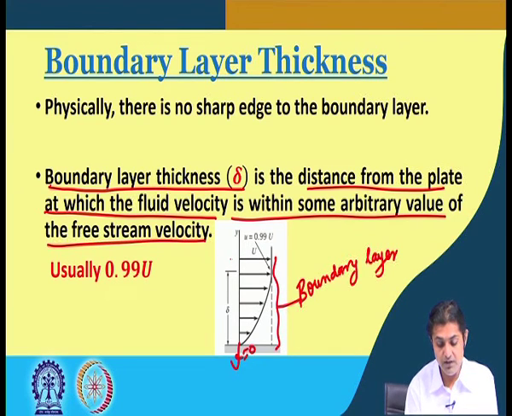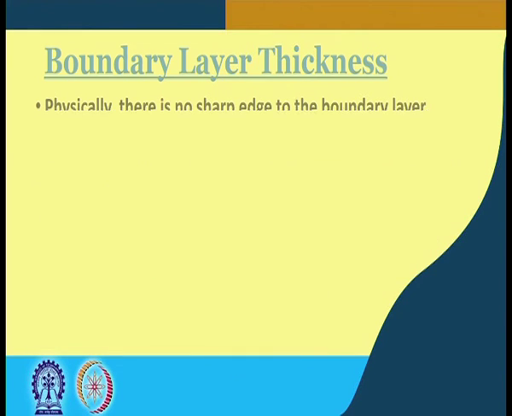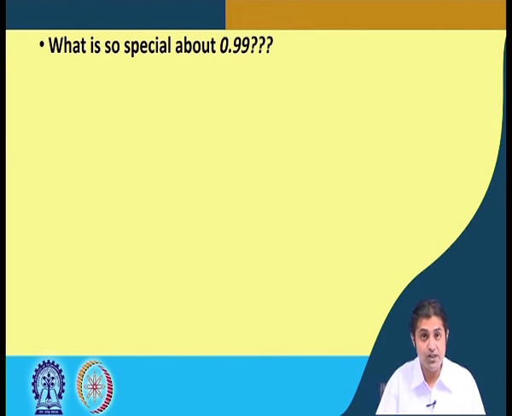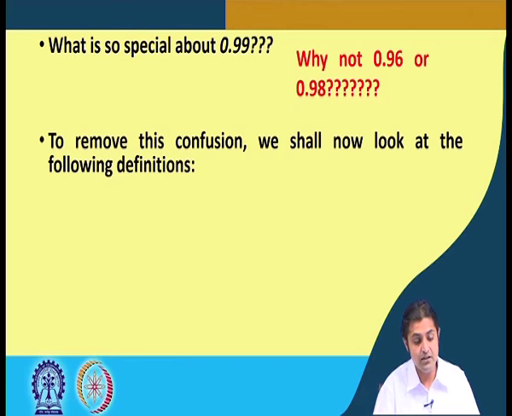So, we assume that when the velocity reaches almost 99% of the free stream velocity, the boundary layer ceases to exist above that, and that thickness is called the boundary layer thickness. So, what is so special about 0.99? Why not 0.96 or 0.98? To remove this confusion, we will now look at some of the definitions.